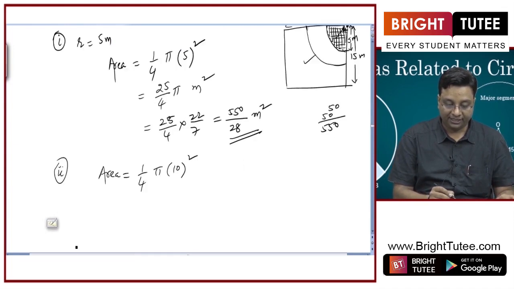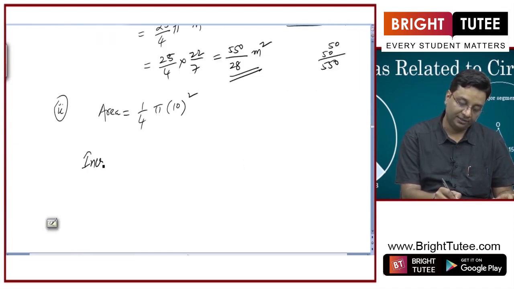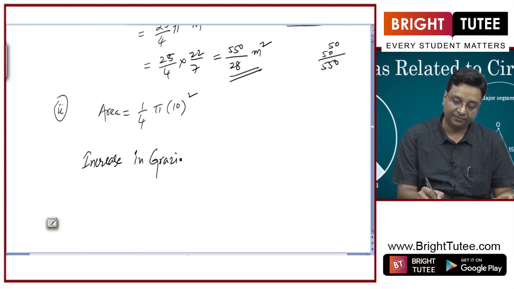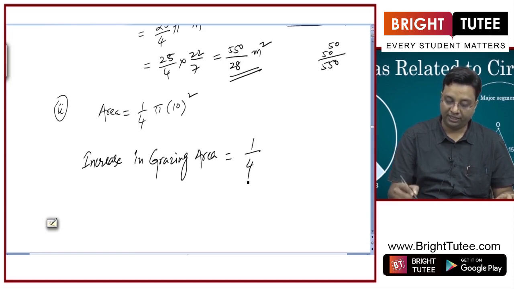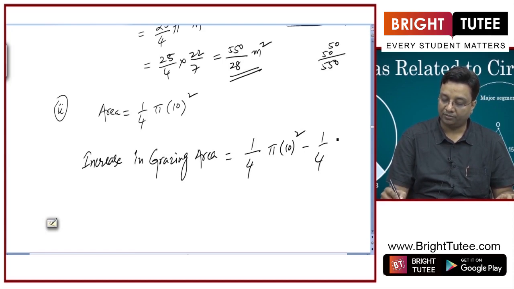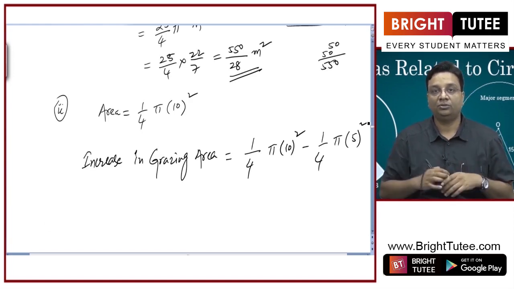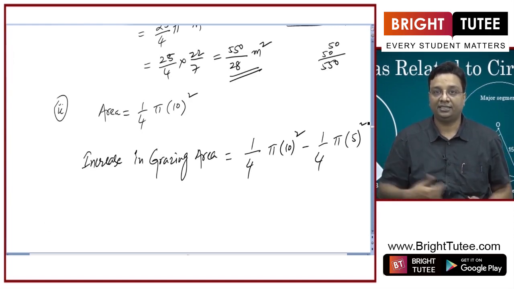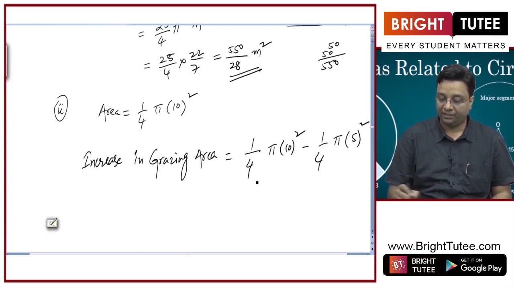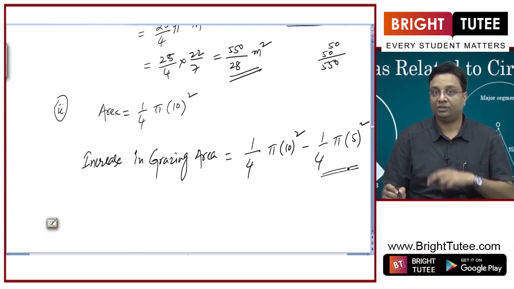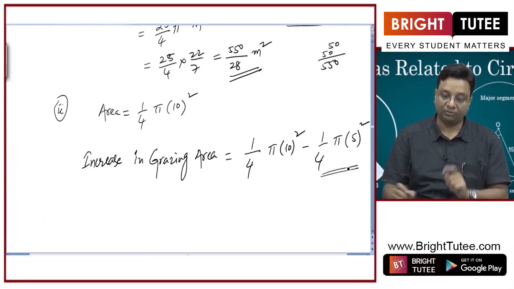So increase in grazing area is equal to this new area pi 10 square minus the old one pi 5 square, right. The question doesn't want us to calculate the new area, it wants us to calculate the increase in grazing area. So I am subtracting old area that was according to the 5 meter length of the rope.